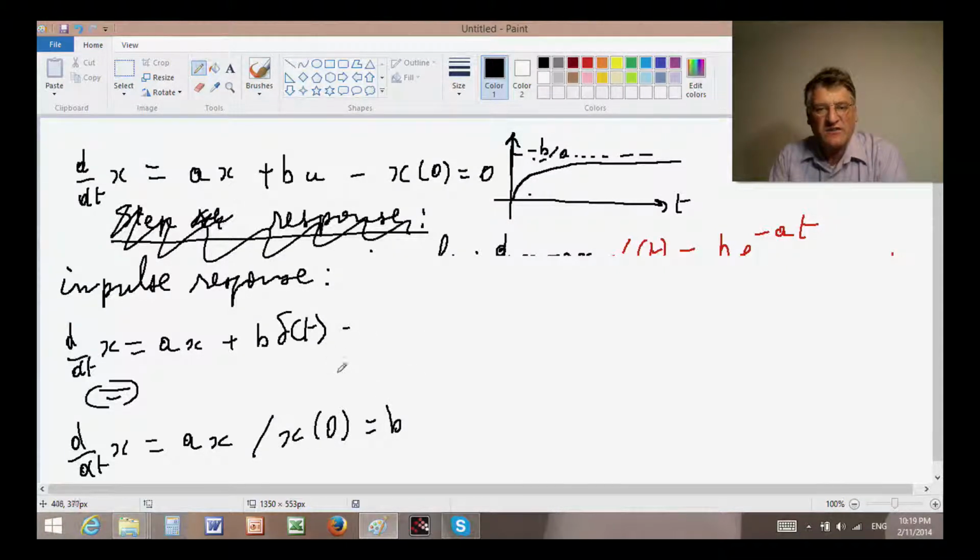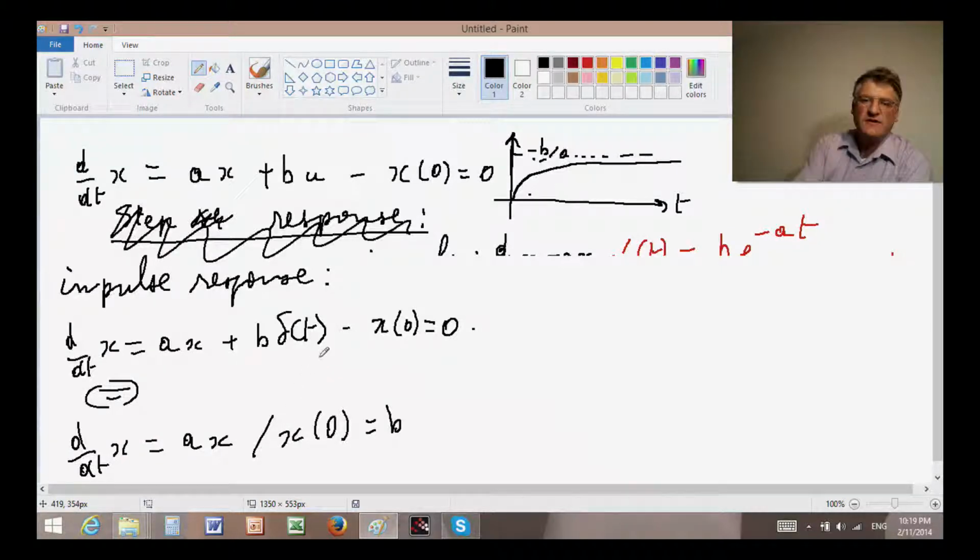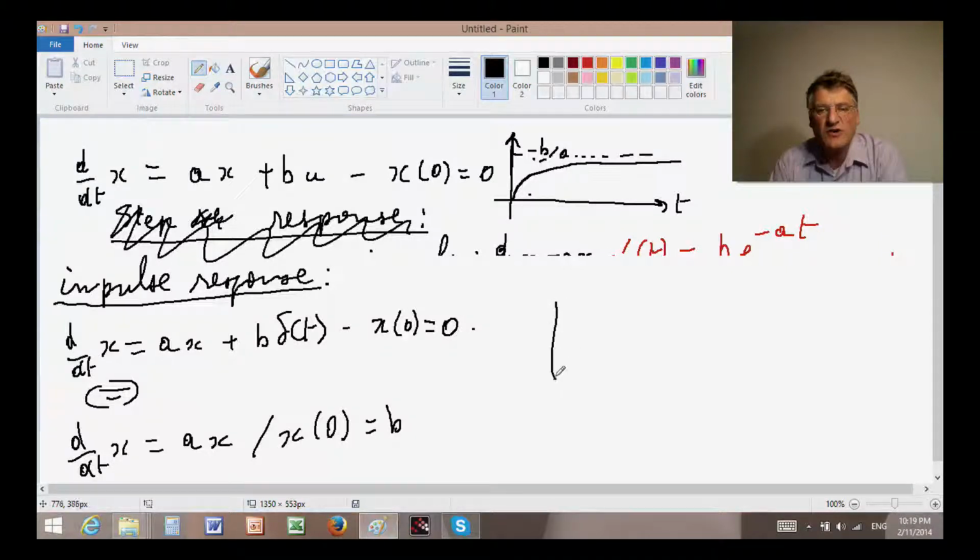That's because the effect of an impulse like delta is to instantaneously transfer the state of the system from 0 to b. Of course, we assume here x of 0 is equal to 0. So the impulse response will look very much like that decaying exponential we have already seen, which looks like this, and remains positive all the time. But we have already looked at it.